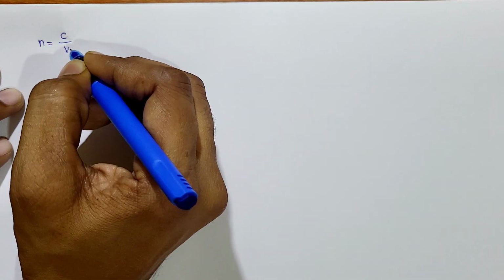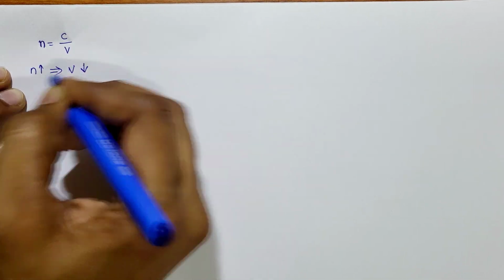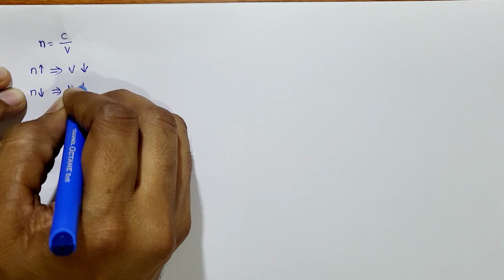So see, N is equal to C by V. What can we understand from here? N is the refractive index. If N is more, it means that V is less. If N is less, it means that V is more. Because C is constant here, correct?